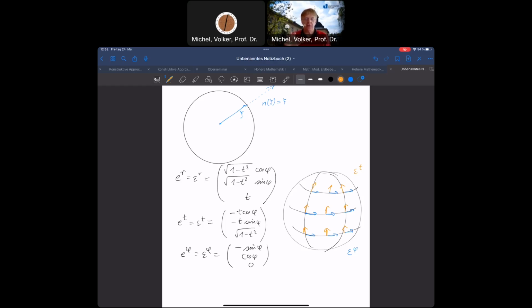So look at your books, at your favorite real analysis book, talking about polar coordinates, coordinate transformations in general, what you can do with that, how you can use it for integrations of volumes or on surfaces. What is that good for? And if you want to know more about the last things I told you just here about these epsilon r, phi, and t vectors, look at the more geomathematical literature. Also here you will find more information about that.